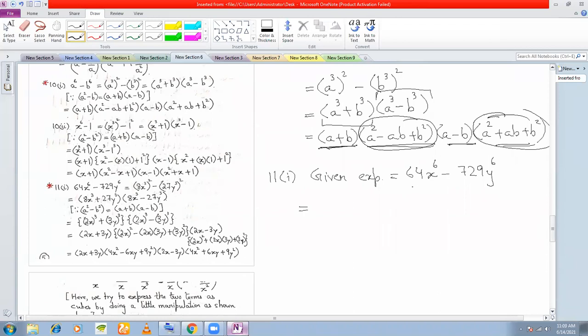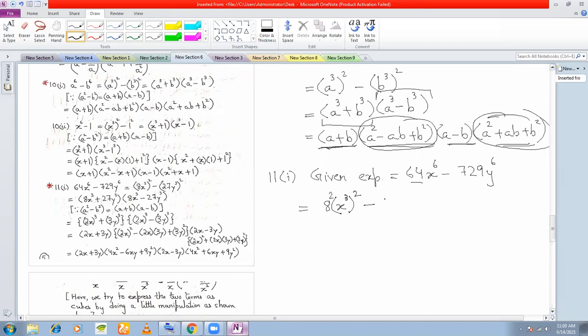So now for the next one, you see that here I have a 64. 64 is what? 64 is a perfect square, isn't it? It is also a perfect cube. 729 is a perfect square, isn't it? So what we'll do here is we'll write this as 8 square x to the power of 6. In fact, x to the power of 6 also can be written as x cube square minus, and 729, if you don't know the square root, you can find out the square root by division method.